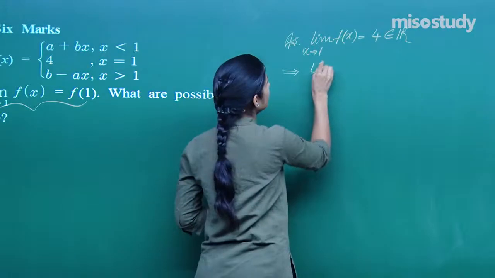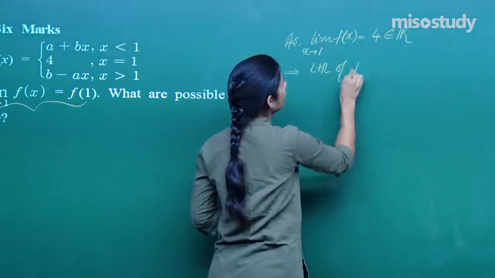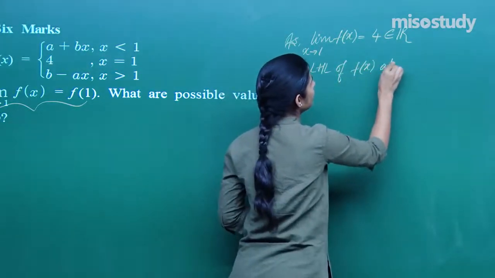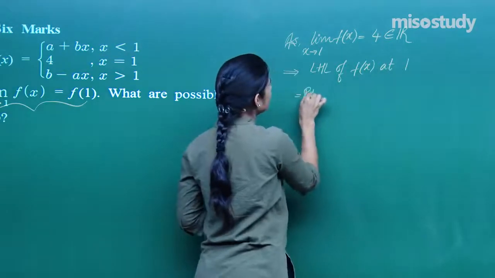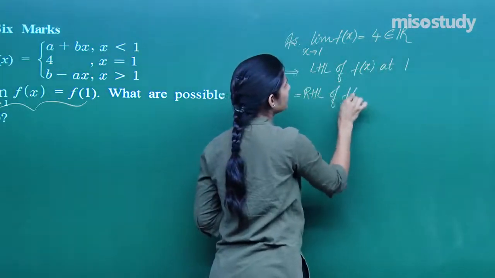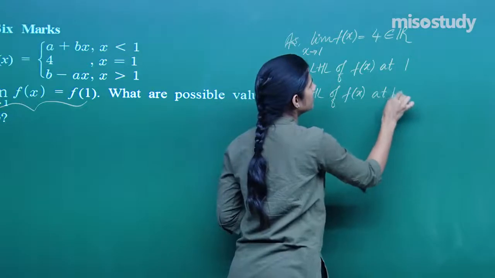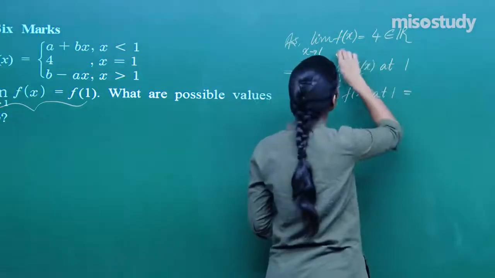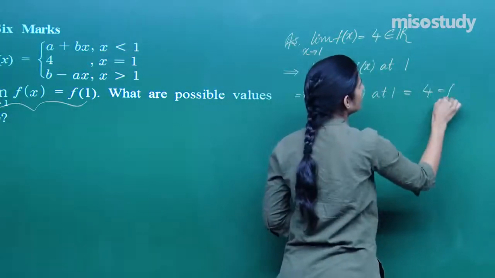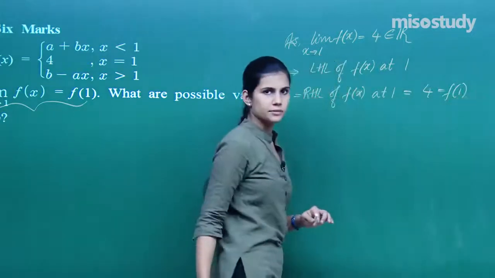This implies the left hand limit of f at 1 is equal to the right hand limit of f at 1, which is equal to the value of this limit, that is 4, which is given in the question as f of 1.